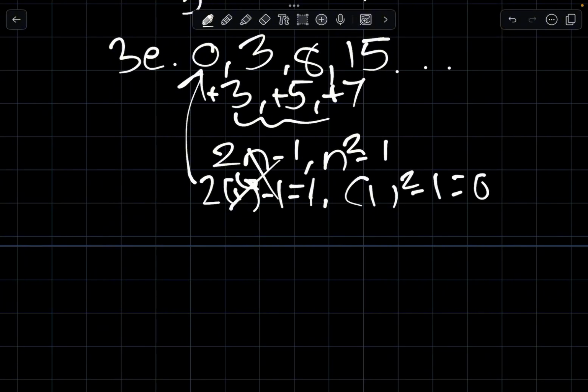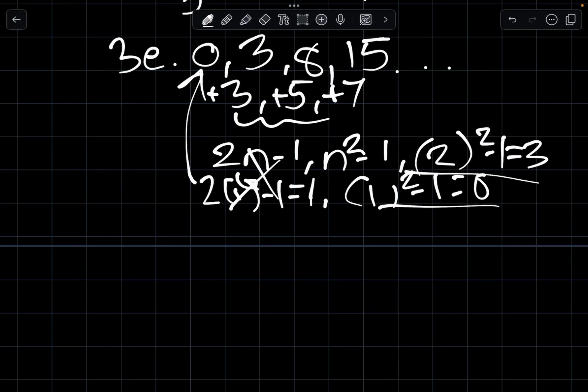That equals 0. Well, that works. But if we continue, 2 squared minus 1 equals 3. So yeah, you can assume that the next is going to be correct since it's just increasing by odds, and n squared minus 1 gives you odds. So you can write down u_n is equal to n squared minus 1, just like that.